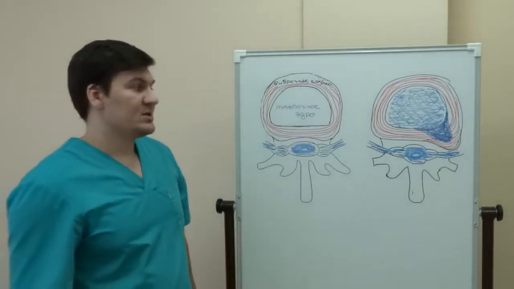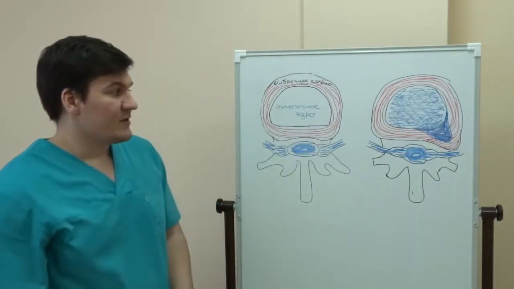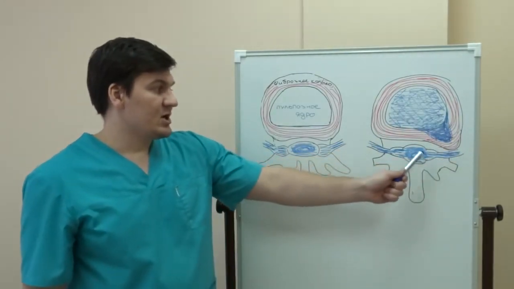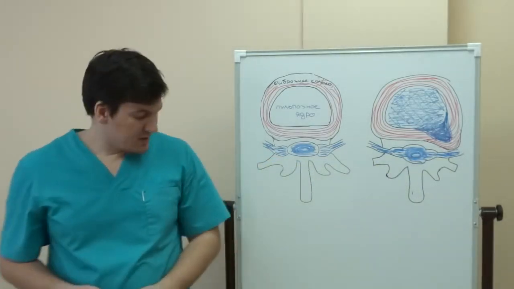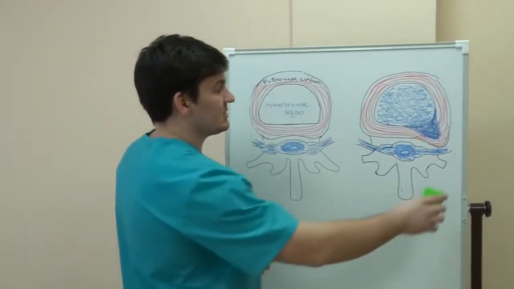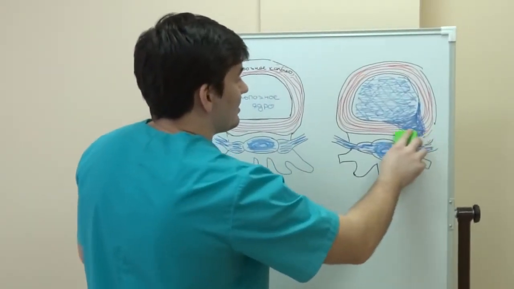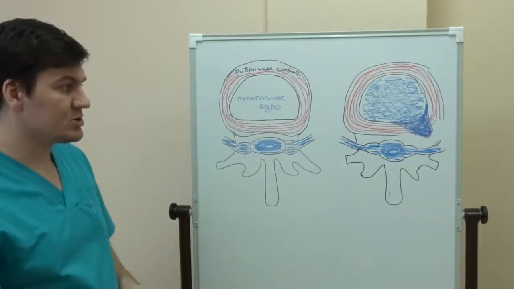But the first stage is protrusion, when the pulpous nucleus bulges out to one side or another, either towards the shell or towards the spinal cord. And the second stage, the real hernia, is when the fibrous ring, which also has its own durability reserve, tears.